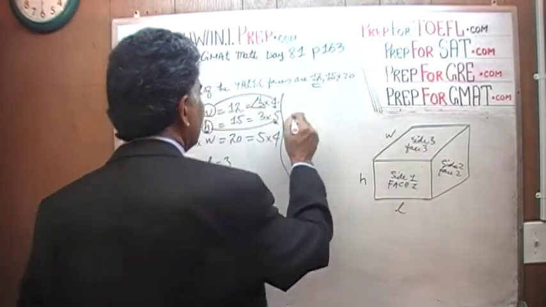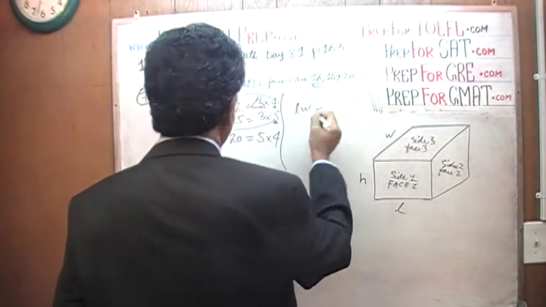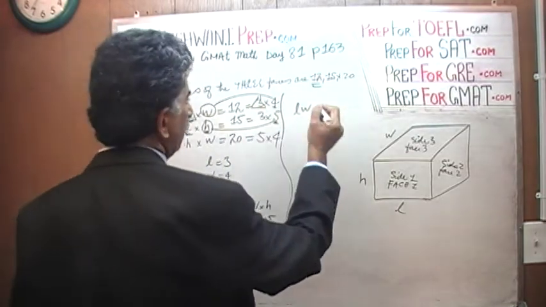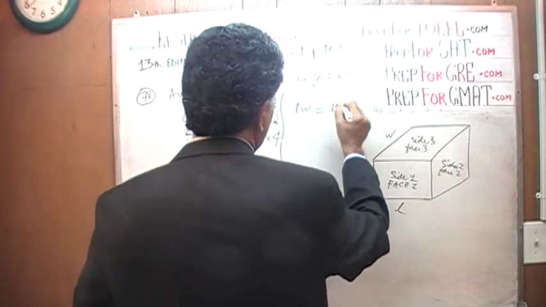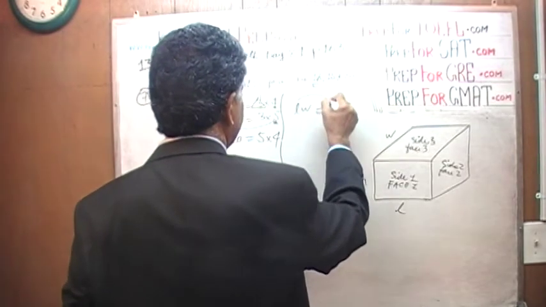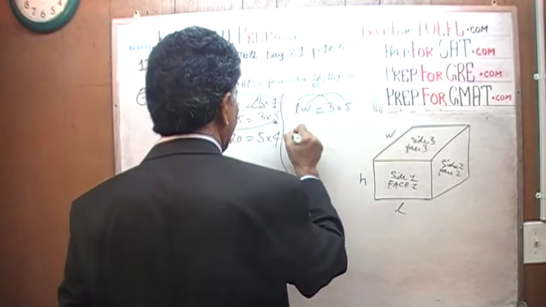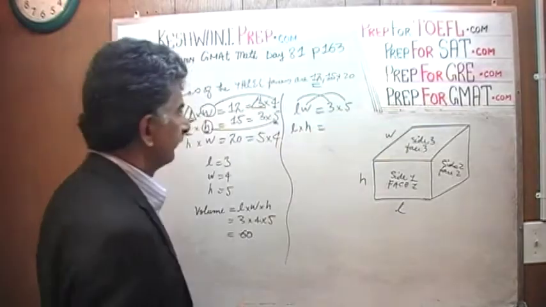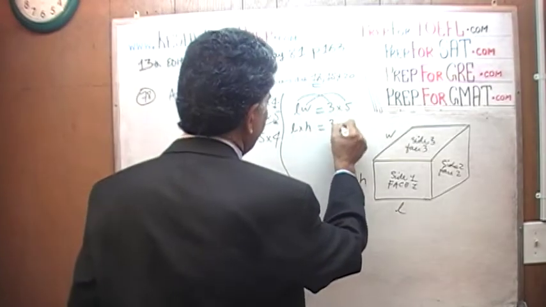So let's do it here. Length times width. And instead of pretending that it's 3 times 4, I started out with 12, let's start out with 15, and I'm going to pretend it is 3 times 5. So now the length is 3, the width is 5. And therefore length times height, the length is already 3. Now listen carefully.